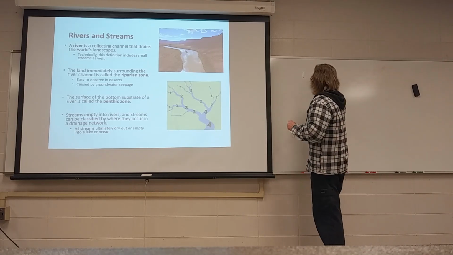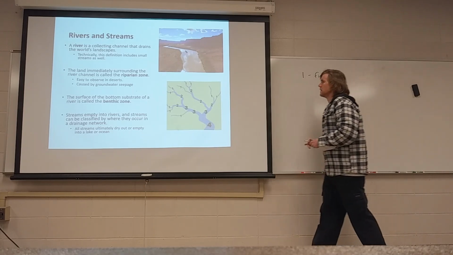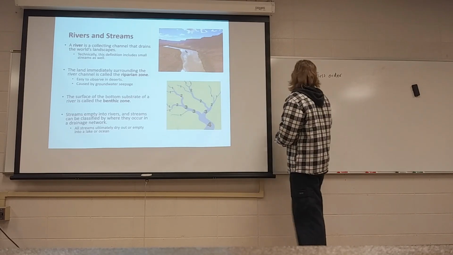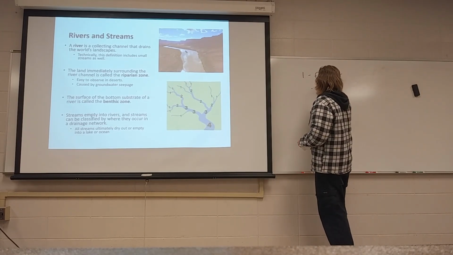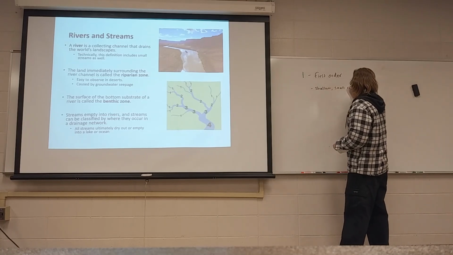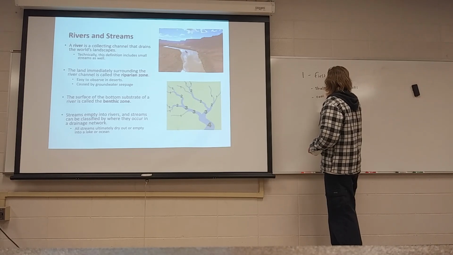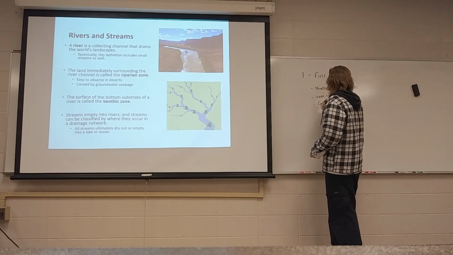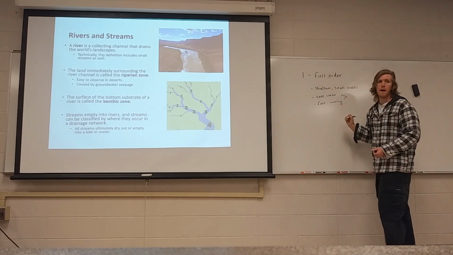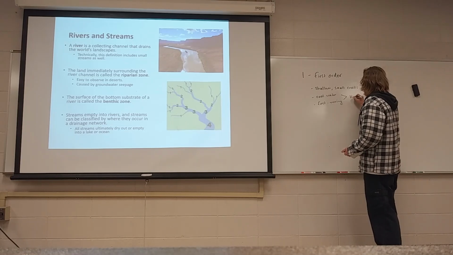A first order stream. These are small creeks. They're going to be shallow, small creeks. The water is going to generally be cool and fast moving. Because of that, there's going to be a large amount of oxygen in that water.